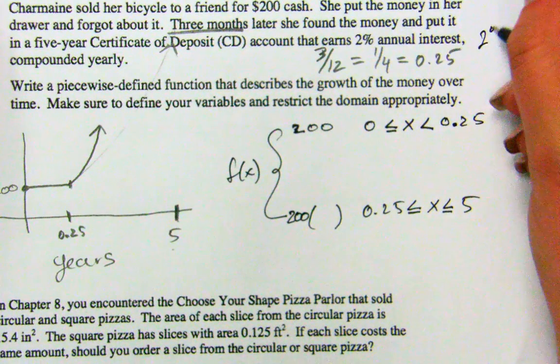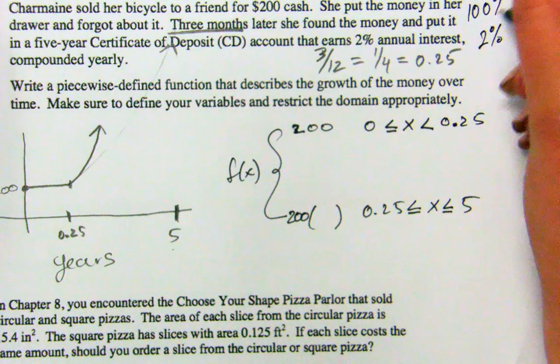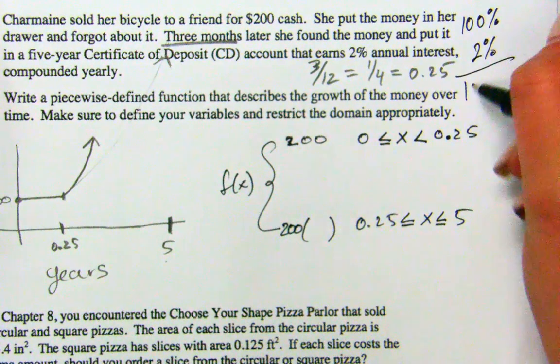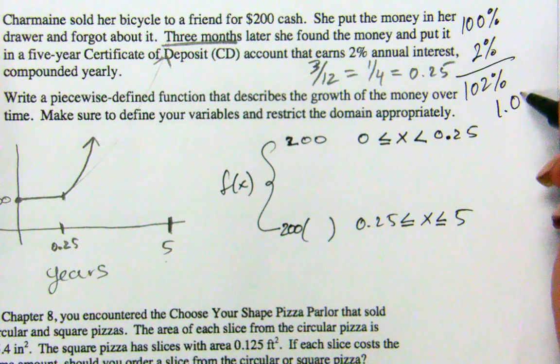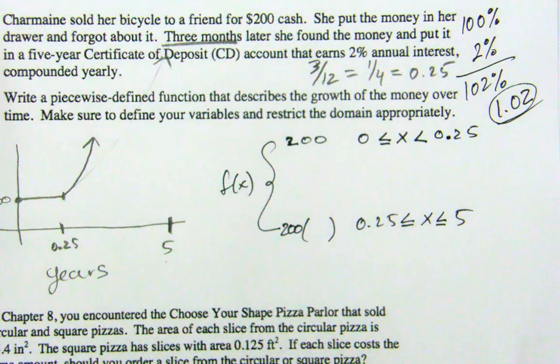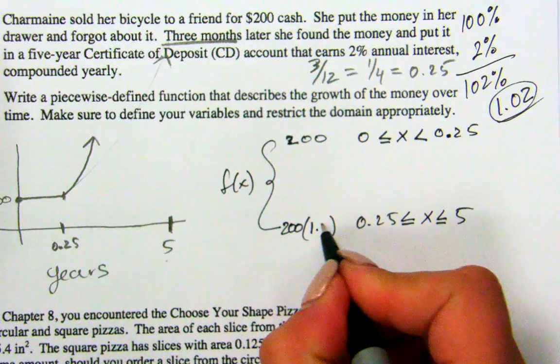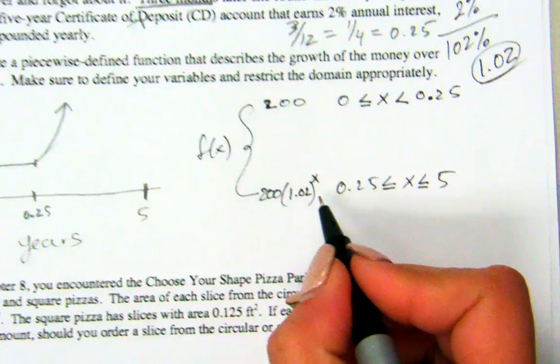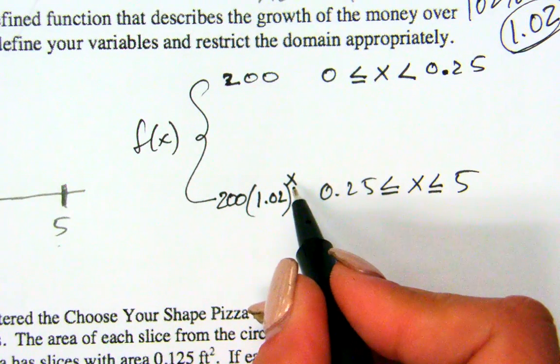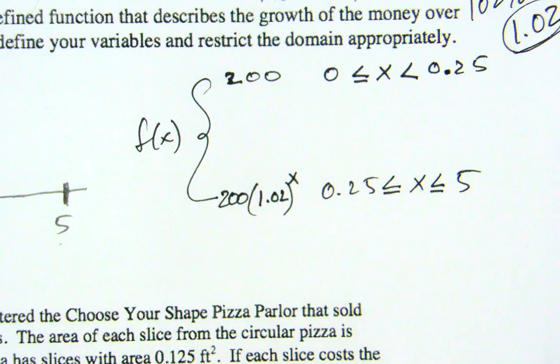So 2% plus 100% gives you 102%. 102% as a decimal is 1.02. So your multiplier is 1.02. And since it's an exponential function, it's to the x exponent in general.